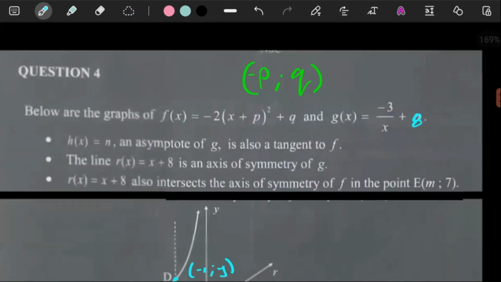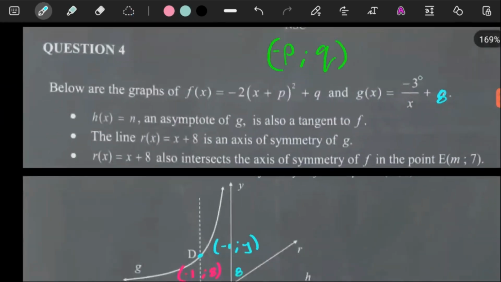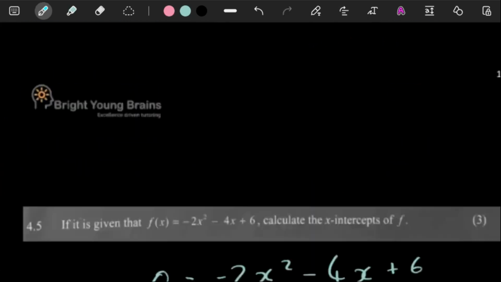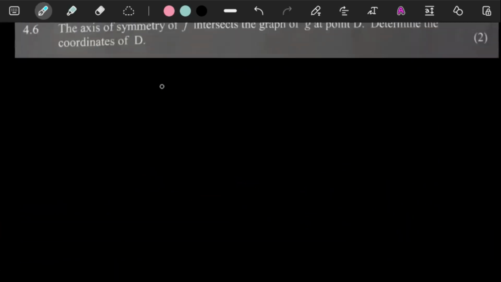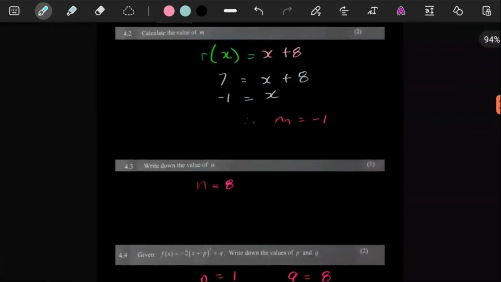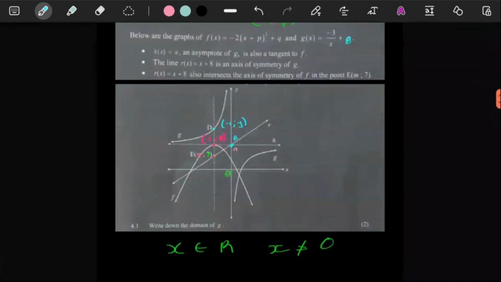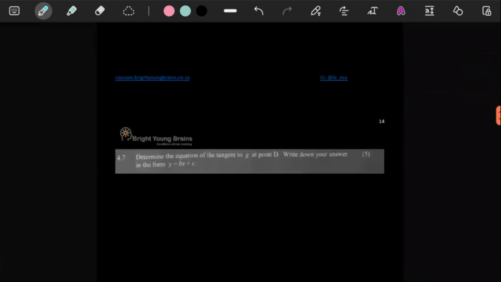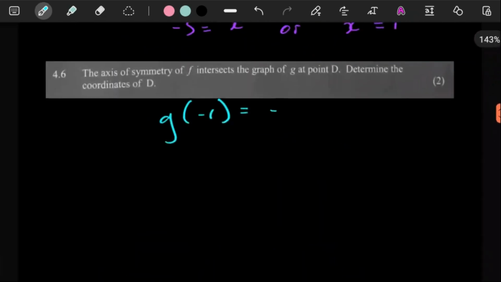So let's see what we can do now. If we're going to throw in x as -1, let's actually write it down over here. g of x, where x is -1. And then this is going to be -3 over x, plus 8.